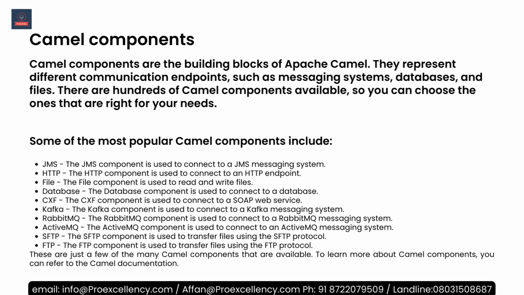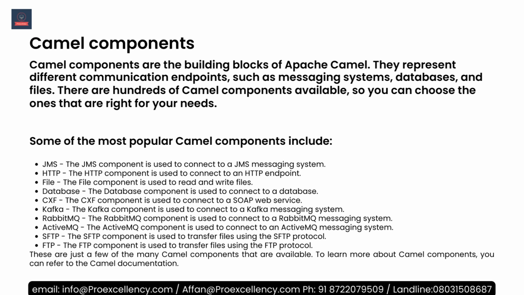SFTP. The SFTP component is used to transfer files using the SFTP protocol. FTP. The FTP component is used to transfer files using the FTP protocol. These are just a few of the many Camel components that are available. To learn more about Camel components, you can refer to the Camel documentation.